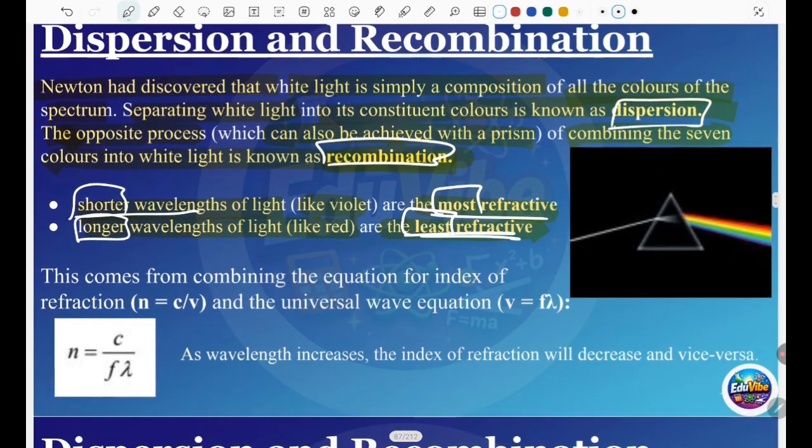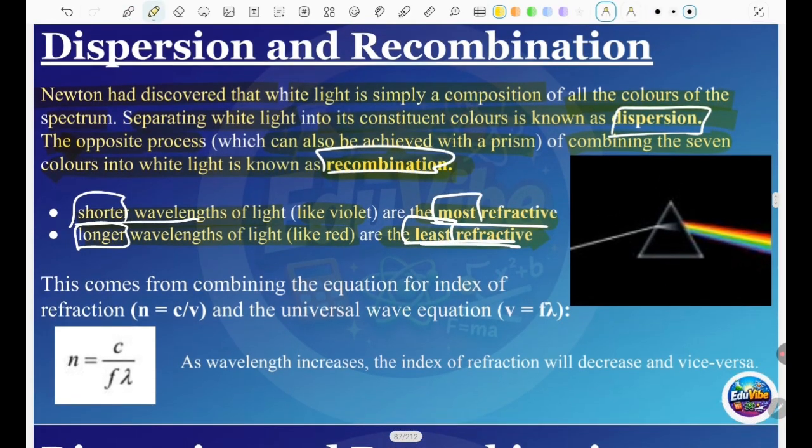This comes from combining the equation for the index of refraction with the universal wave equation. The index of refraction is n equals c upon v, and v equals frequency times wavelength. Combining these, we get n equals c upon frequency times wavelength. This shows that if the wavelength increases, the index of refraction decreases, and vice versa.